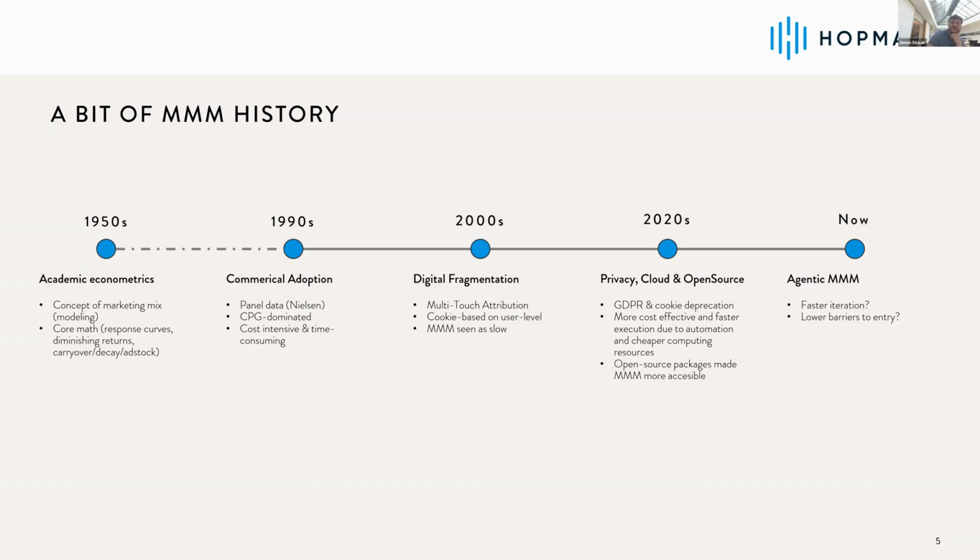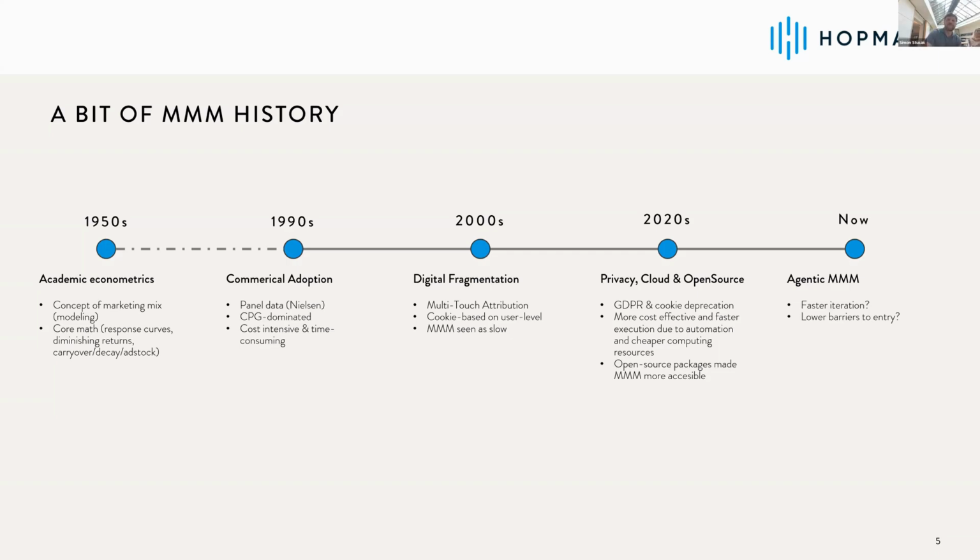Then the first commercial adoption started in the 1990s, but it was CPG dominated, really big companies, because it was very cost intensive and very time consuming to collect the data, prepare the data, save the data, and do the actual processing. Therefore, 30 years ago, it was only something for big companies, and it was only done once a year, more or less.